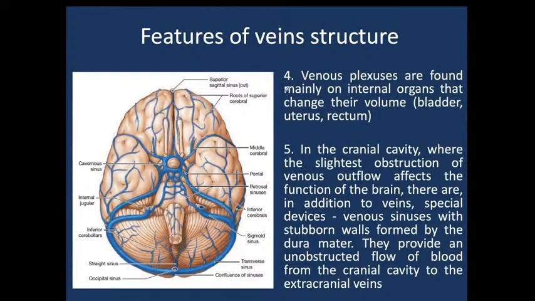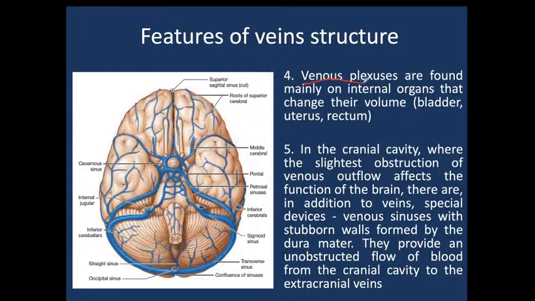The interesting fact that some organs have plexus, venous plexus, mainly organs in the abdominal cavity, a lot of organs in the pelvic region, like uterus, rectum, bladder, have venous plexus.